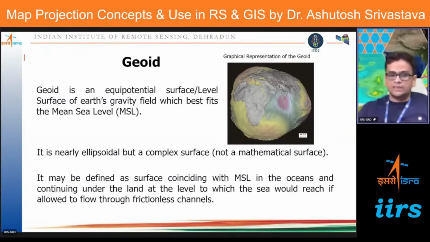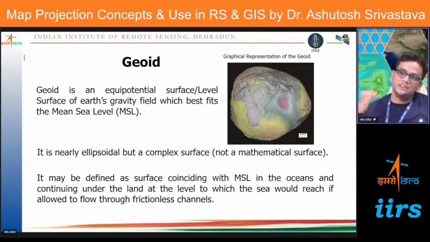The geoid is an equipotential surface which deals with the gravitational potential energy. And there are two things here, mean sea level and the geoid. Mean sea level we can understand as considering all the information of the sea level, like high tide, low tide information, atmospheric effects, gravity, wind information, all the information we are gathering.